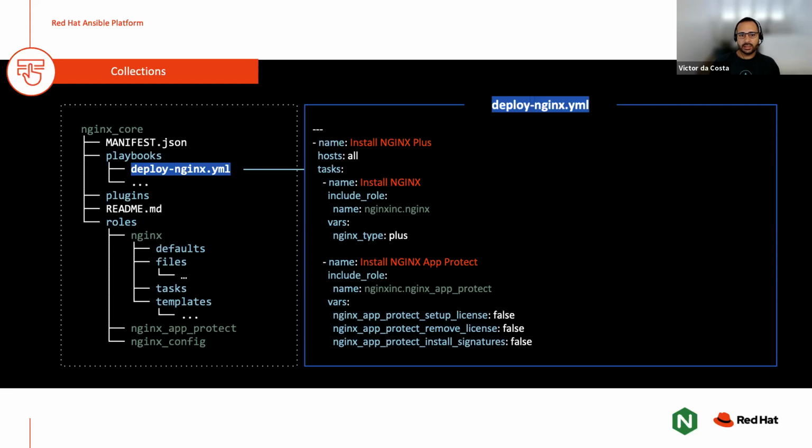In this example, we are calling a role that will install NGINX, and after that we are calling another role that will install App Protect for NGINX. Then I guess we are more keen to go to the demo and spend more time on that, so I will hand back over to Mark.